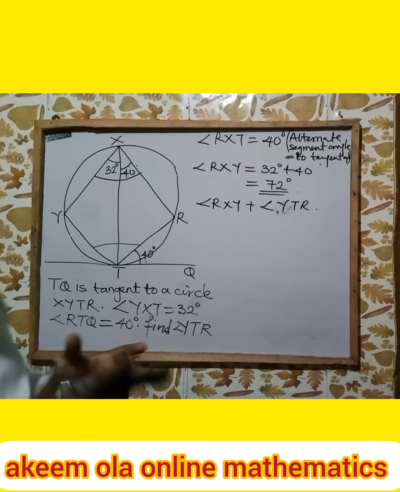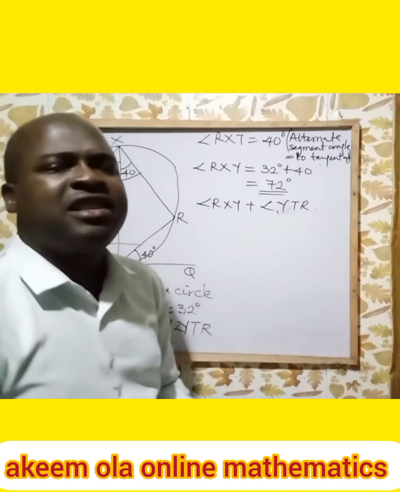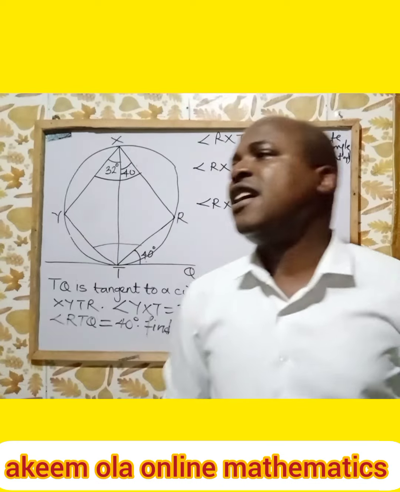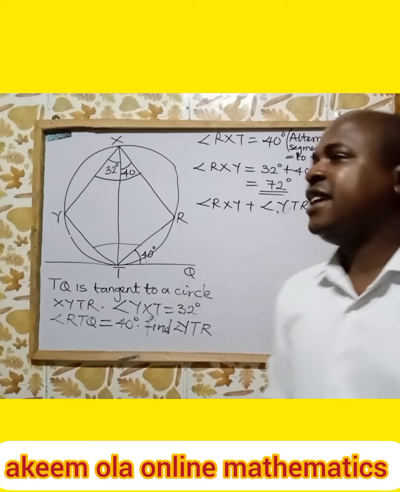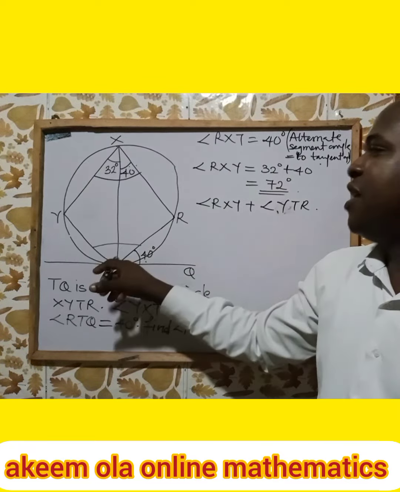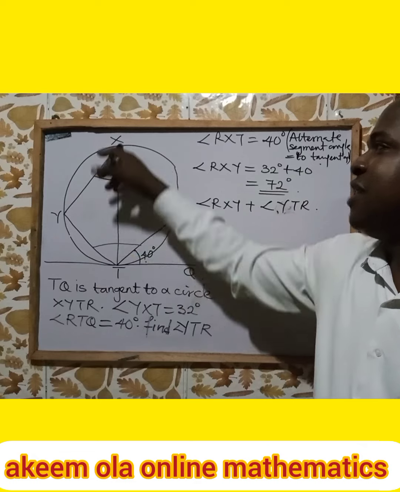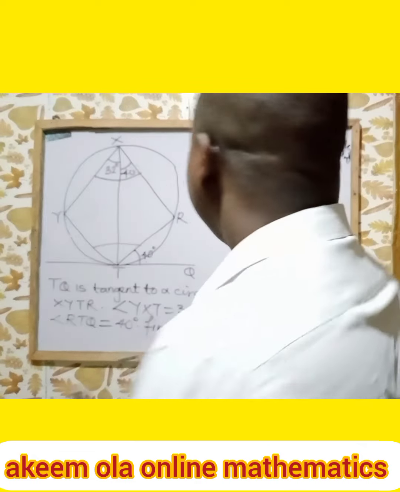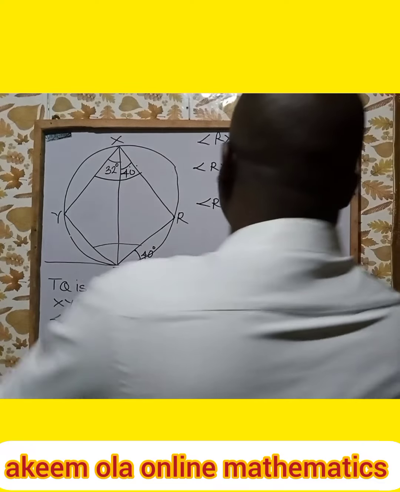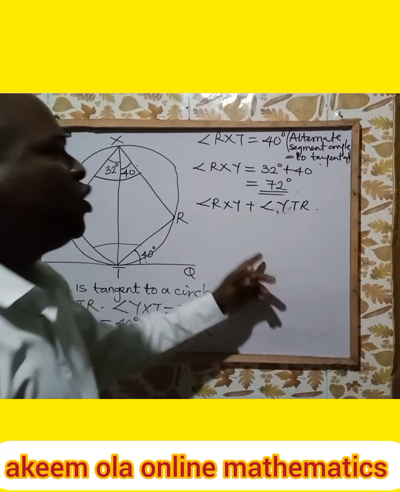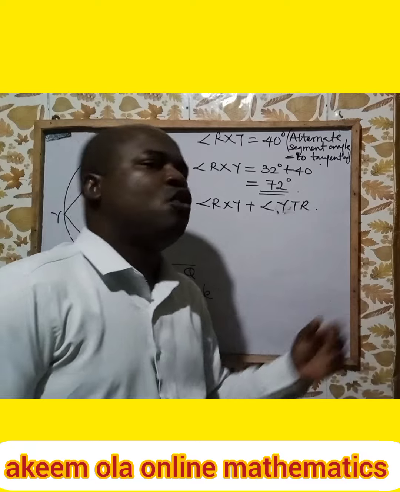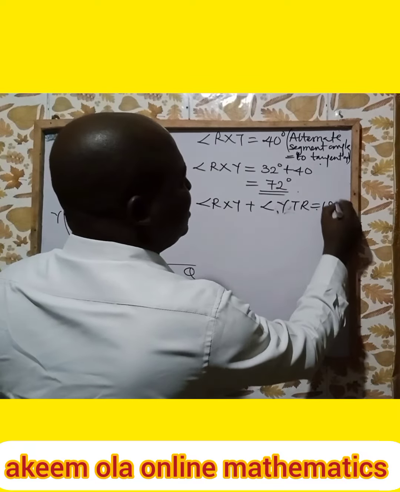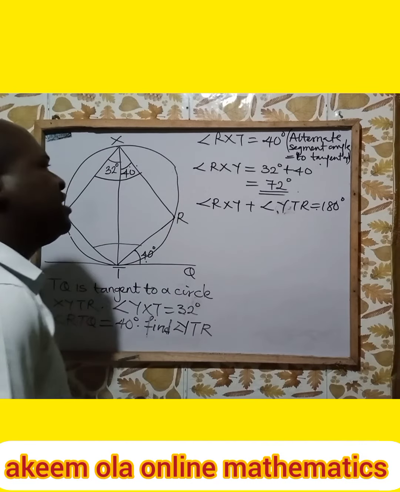There is a theorem associated with cyclic quadrilaterals, and the theorem states that the opposite angles of a cyclic quadrilateral add up to 180 degrees. That means our angle RSY plus angle YTR will sum up to 180 degrees.